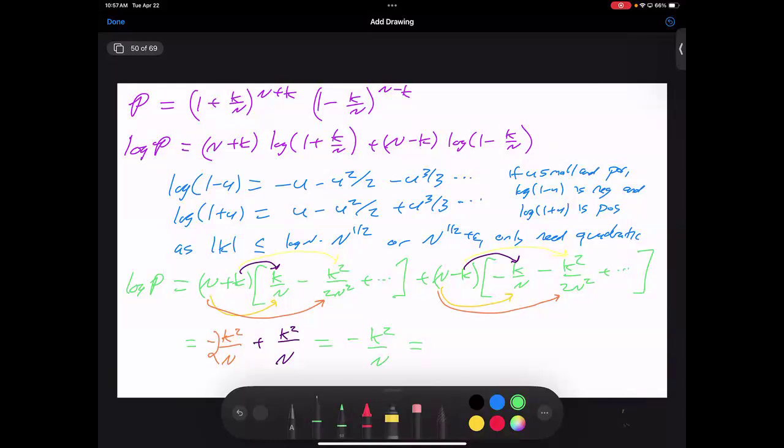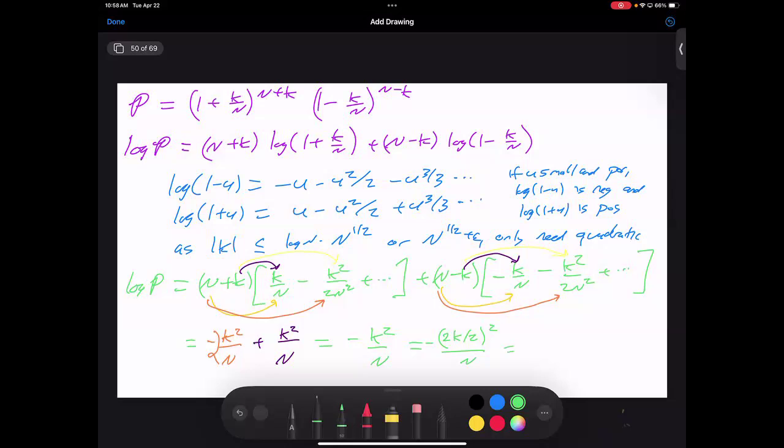I don't want to write it as k squared. I want to count. It's not k that I'm going to get. It's twice k. So I really want to write this as 2k divided by 2 squared over n.